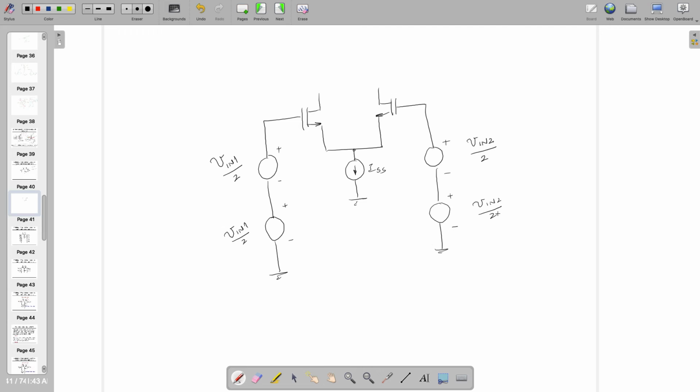On top of this, I can do one more thing. I can add sources in the opposite direction so that effectively they are contributing 0.